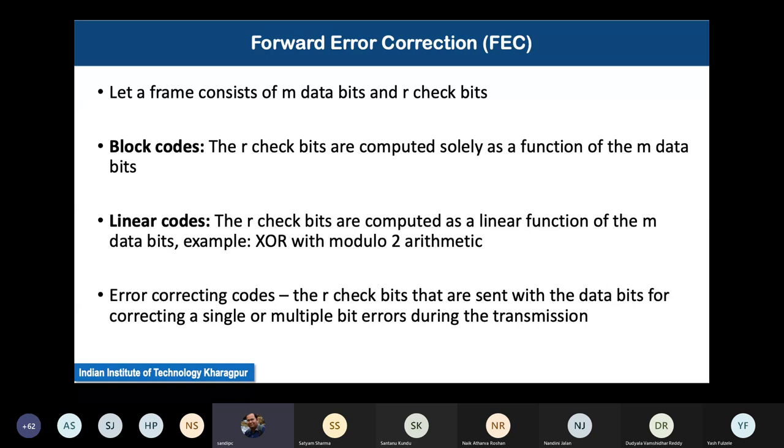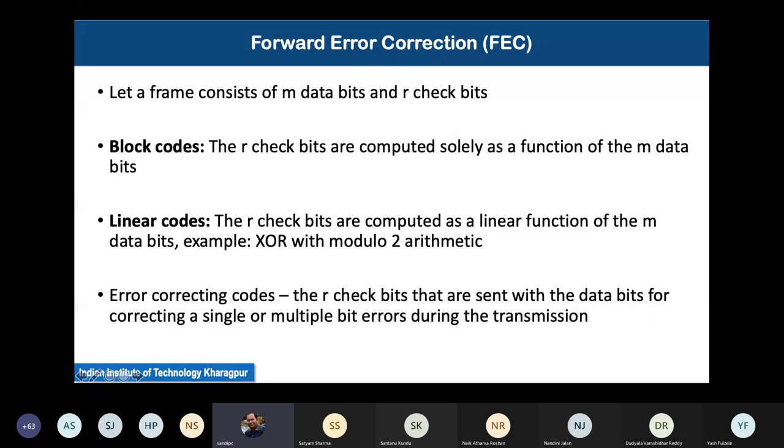Another type of code is the linear code. In case of linear code, these R check bits are computed as a linear function of the M data bits, for example the XOR with modulo 2 arithmetic. Typically these block codes are much more complex than a linear function.